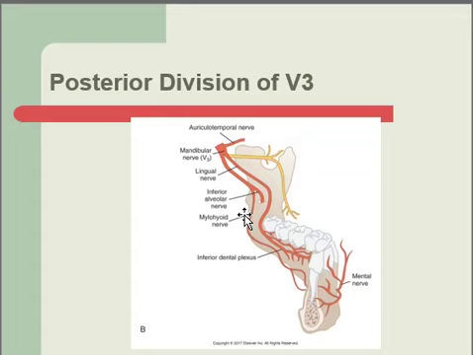That 1 efferent branch, or the motor, is our mylohyoid nerve right here. So all in red, this is the posterior division. Here, the larger posterior division, including 3 sensory branches and 1 motor branch. In the yellow here, this is the smaller anterior division that we already talked about with the long buccal coming this way.